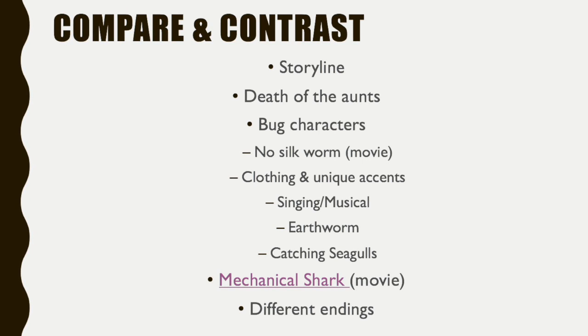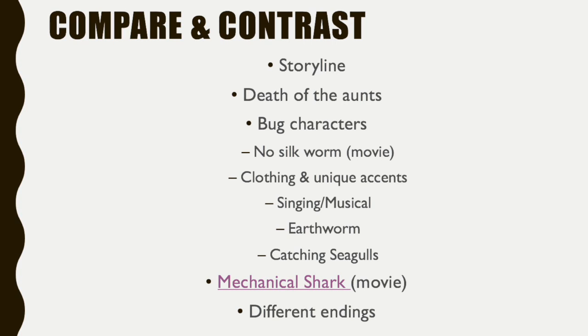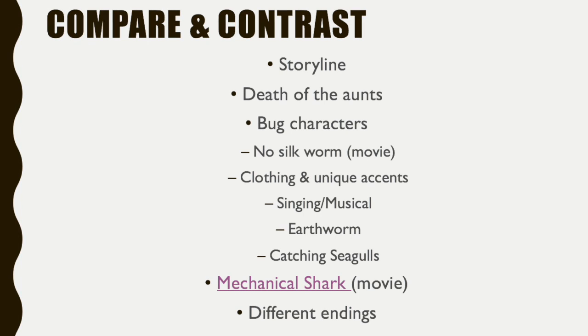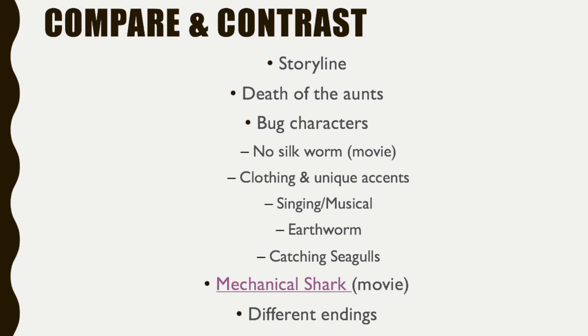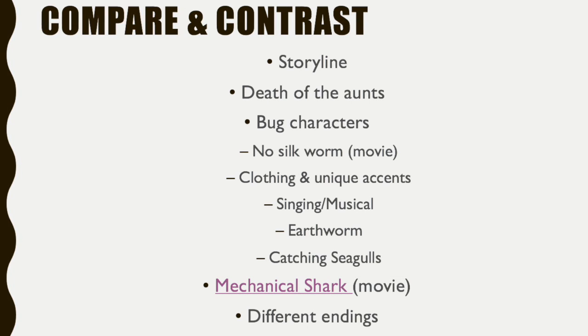The death of his aunts. In the novel, his aunts are rolled over by the peach and they are killed immediately. In the movie, they are in their car whenever the peach rolls over them and does not kill them. So that was a major difference. That was an upsetter in the classroom.